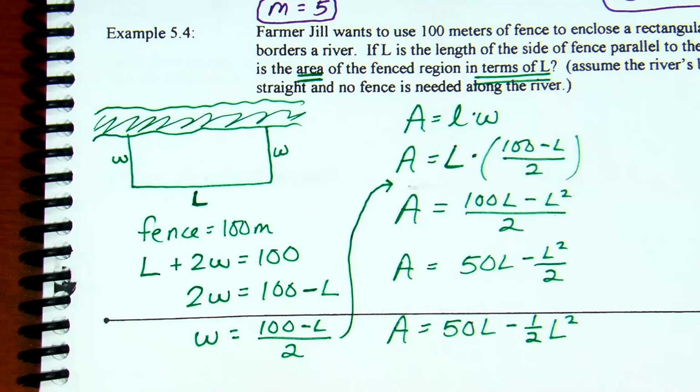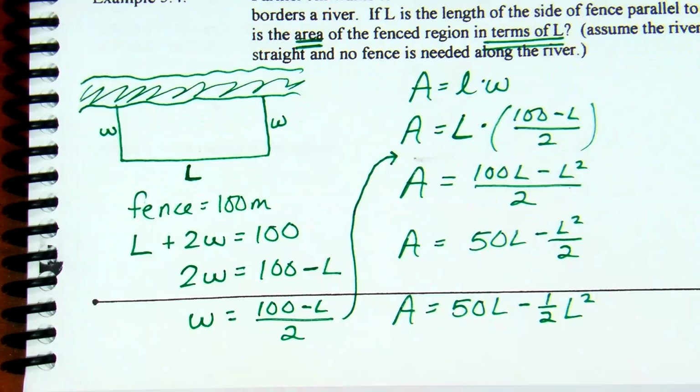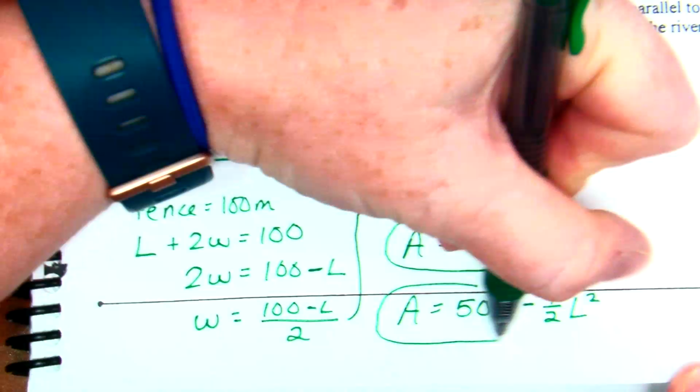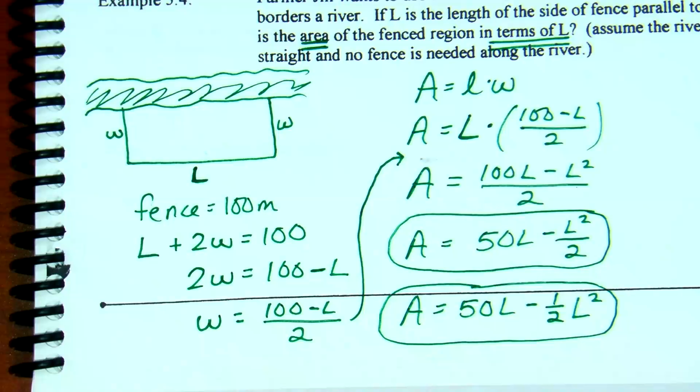Those are all possible expressions. Honestly, any of those last 3 could be good depending on the situation. Okay, I have the last 2 boxed, but honestly, this one's a good one too, depending on the situation of what you're trying to do afterwards. Okay?